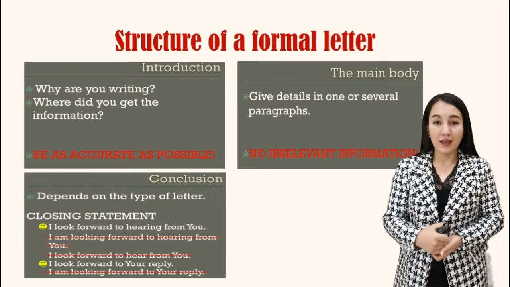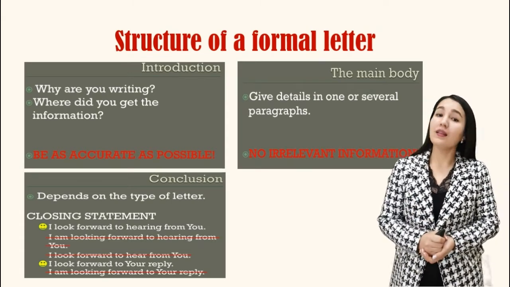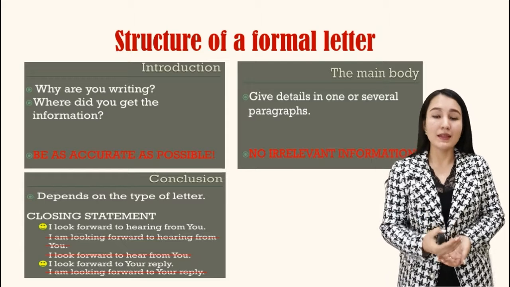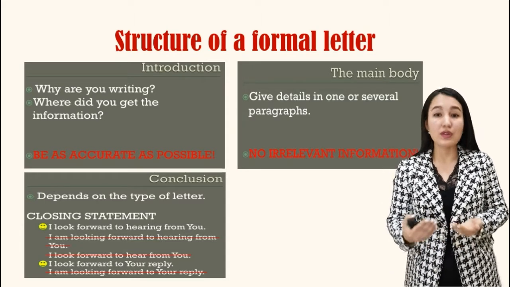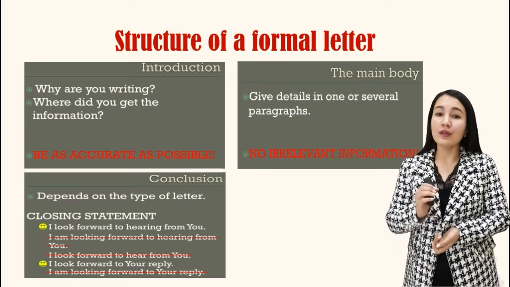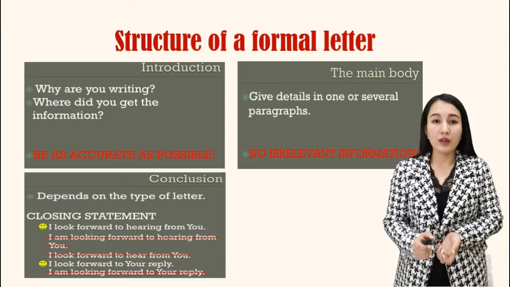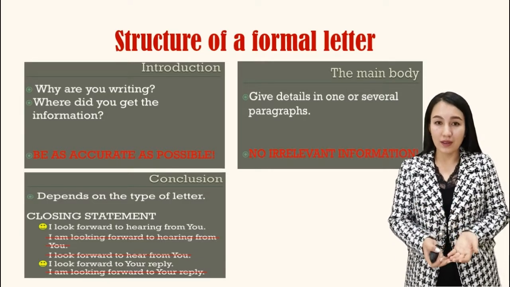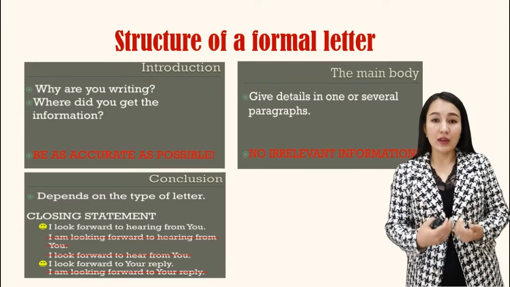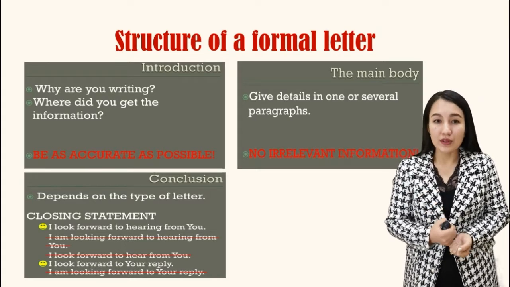Here, try to be as accurate as possible. In the main body, give details in one or several paragraphs. Try to use only relevant information here. And the conclusion part depends on the type of letter. You can conclude your letter with closing statements.